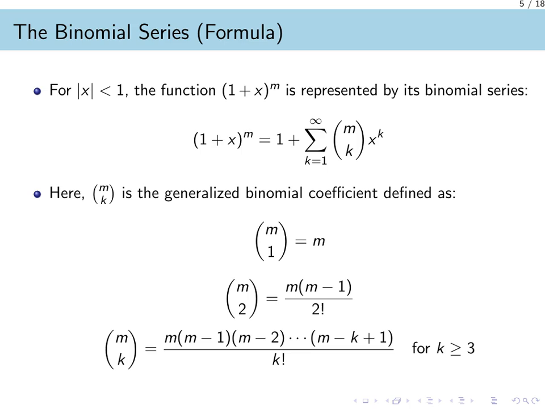The numerator is a product of k terms, starting with m and decreasing by 1 at each step, down to the term m minus k plus 1. This entire product is then divided by k factorial. This single formula gives us a systematic way to expand any function of the form 1 plus x to the m into a power series.